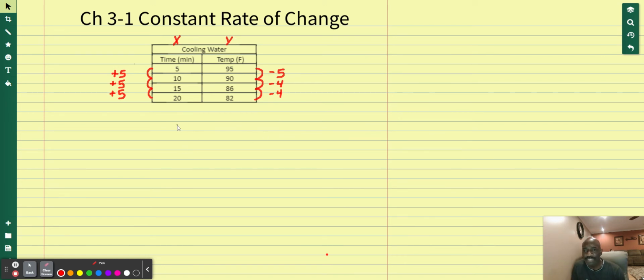All right, and so let's work this out. First of all, what kind of situation would have to happen in order for these numbers to actually do this? I think about having water on the stove. You turn off the stove, and 5 minutes later, you check the temperature. It dropped from 95 to 90 degrees.